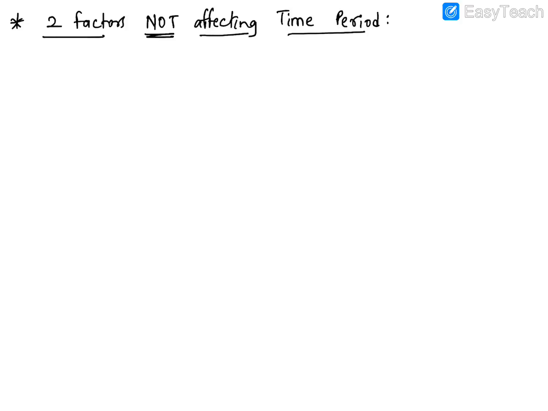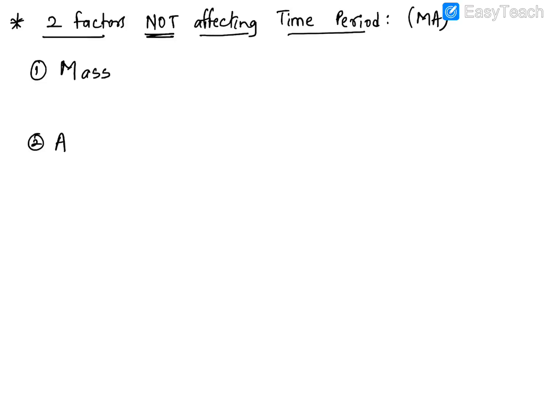Now, to remember these factors, you need to remember Ma: M and A. M stands for the mass of the bob. Whatever the mass of the bob is, it is not important. It does not affect your time period.